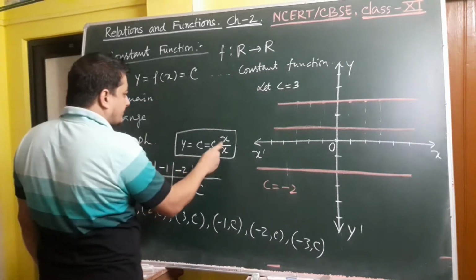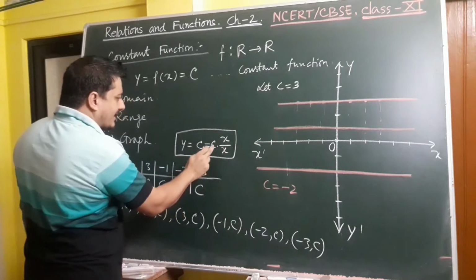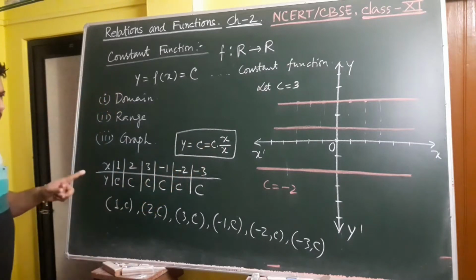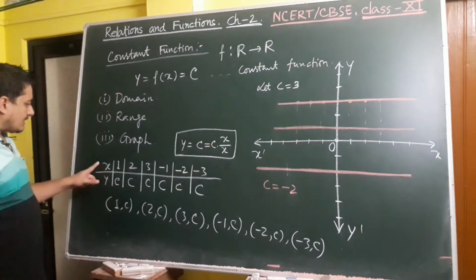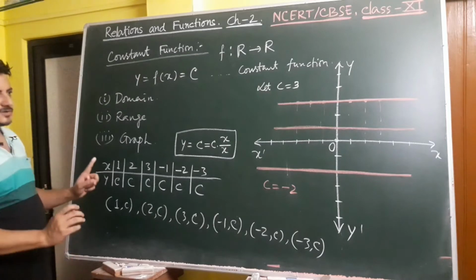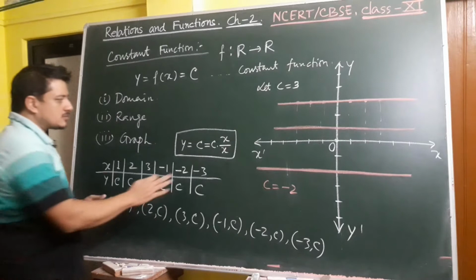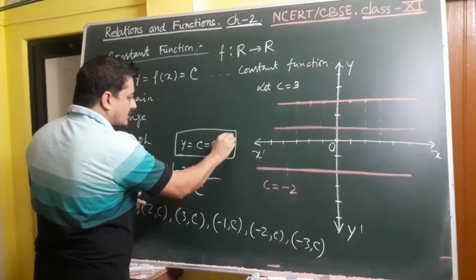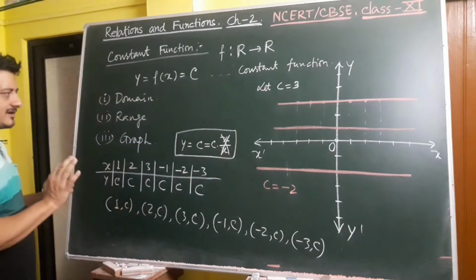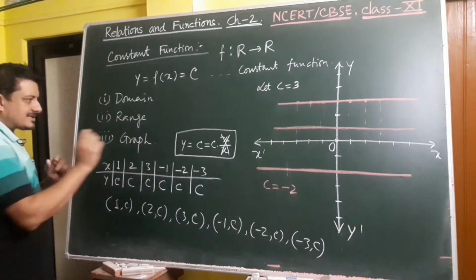I am still writing it just for our convenience, to make this table, just for your understanding, but you should not write it in this way. It definitely helps you to understand the whole thing.